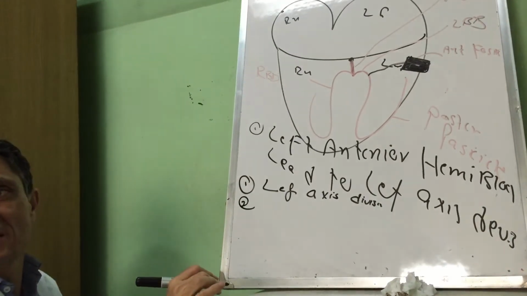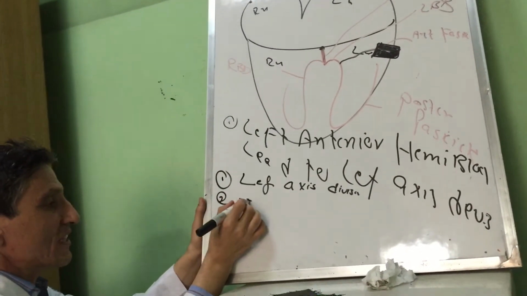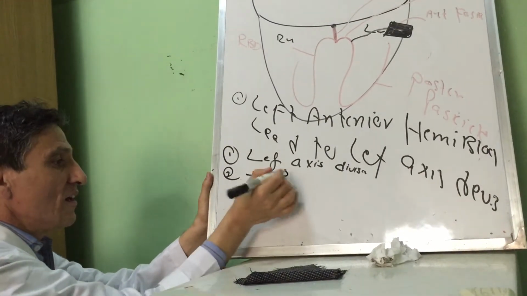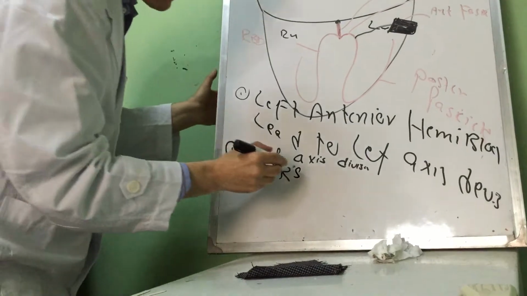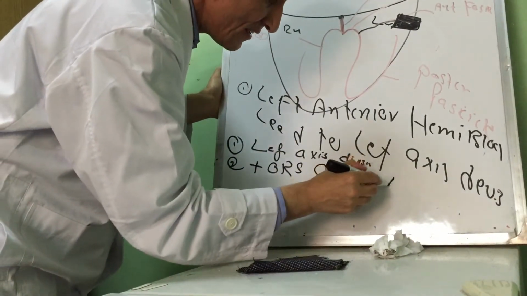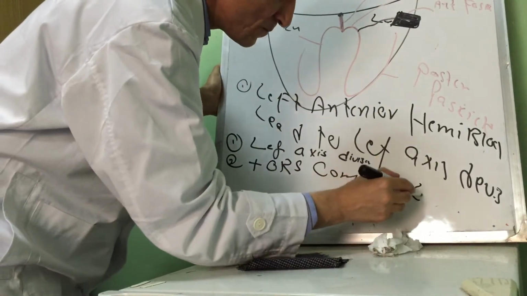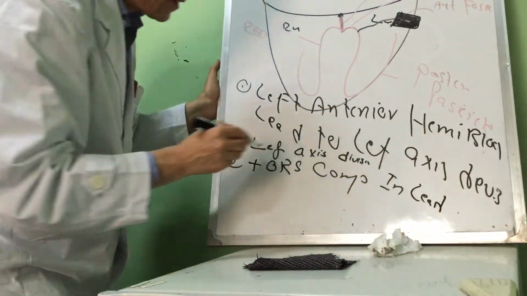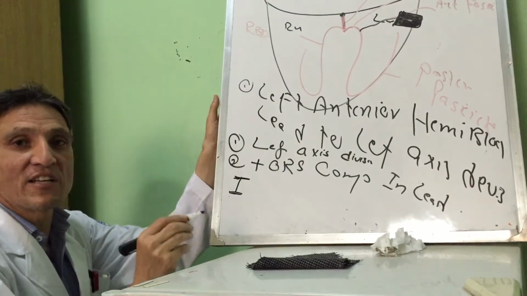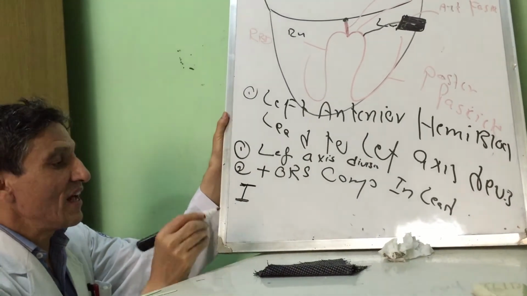ECG feature of the left axis deviation: positive QRS complex in lead 1.